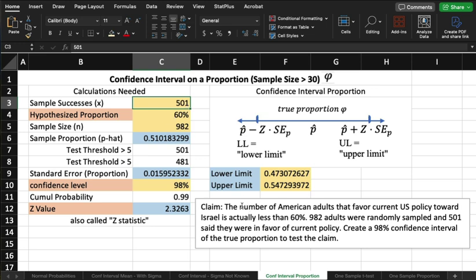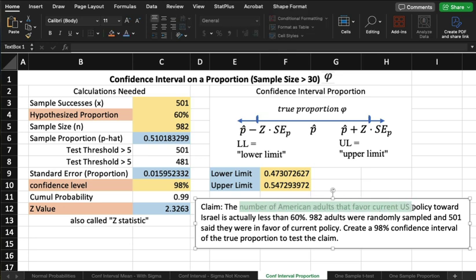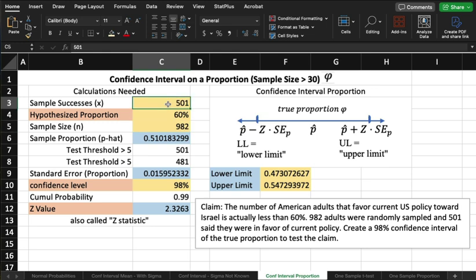We are interested in the proportion of adults that favor U.S. policy. Our sample is out of 982, 501 said that they favored U.S. policy. So 501 out of 982 is going to give us our p hat.